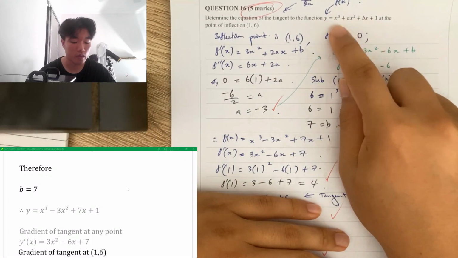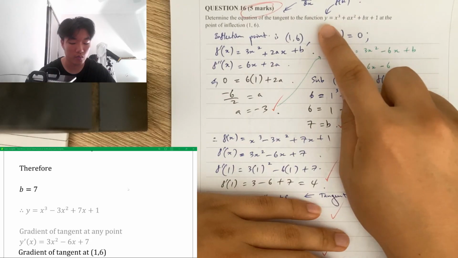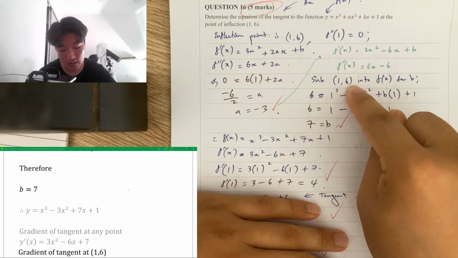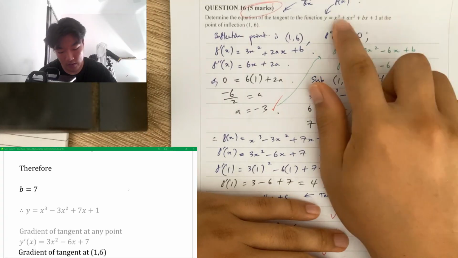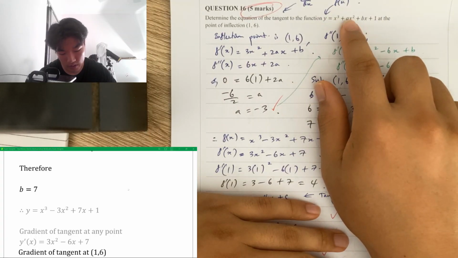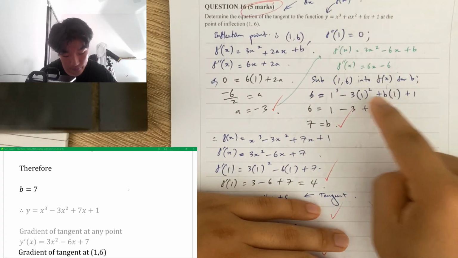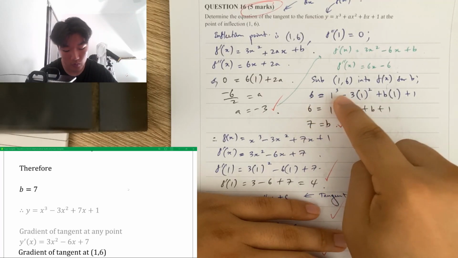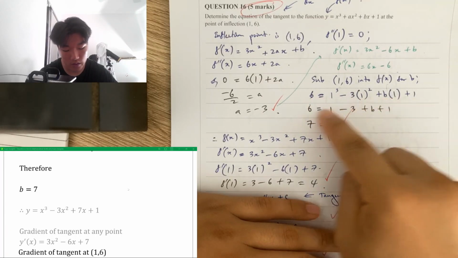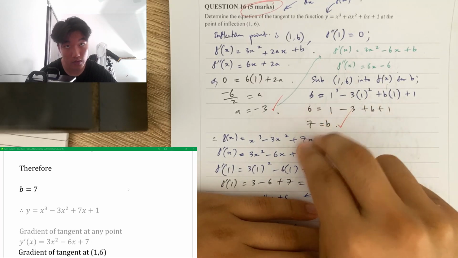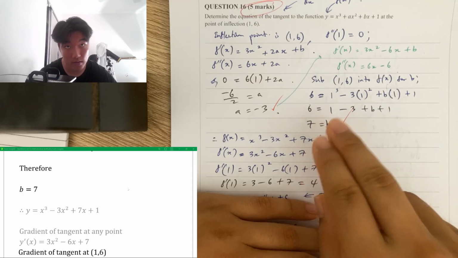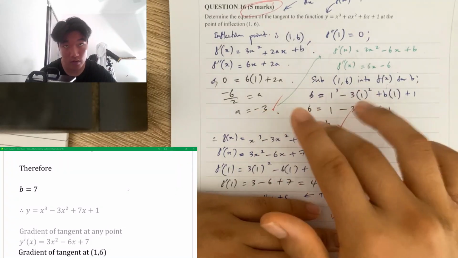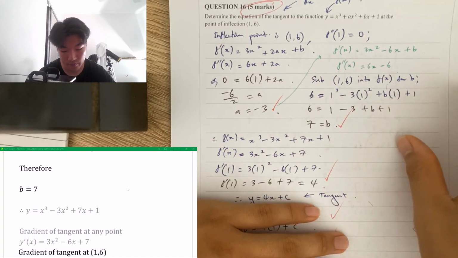We're given an equation, and x and y are known, so we can sub that point in with the value of a to work out b. So y is 6 here, we sub in x equals 1, and we rearrange everything to get b equals 7. So we've found the unknown coefficients. That's 2 marks.